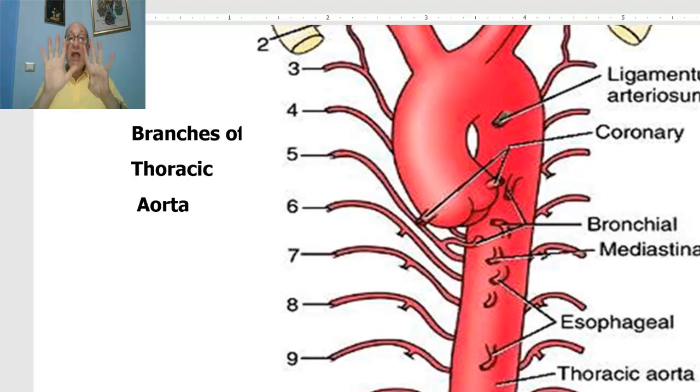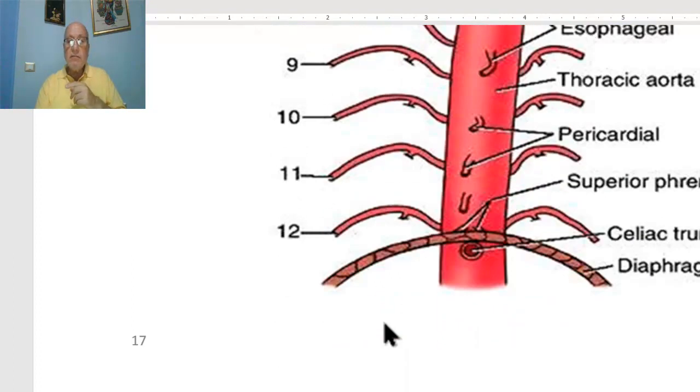Therefore, it gives 9 posterior intercostal arteries, all these pairs of arteries, right and left posterior intercostal, from posterior intercostal number 3 to 11, and finally gives subcostal, which can be considered as intercostal number 12.